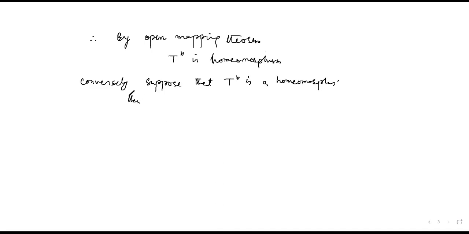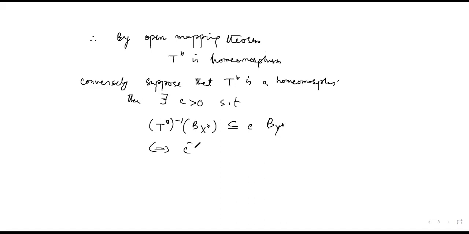Then we know that there exists, because it's linear again, C positive, such that, since the inverse is continuous, T star inverse of the unit ball in X star would be contained in C times B of Y star. I have discussed this yesterday, which is true if and only if it is the same thing as C inverse of B of X star is contained in T star of B of Y star for some C positive.